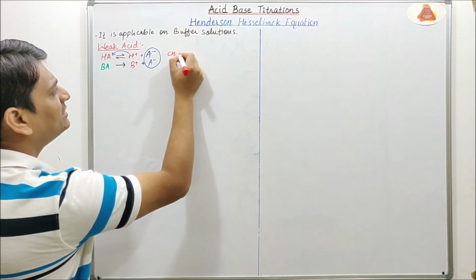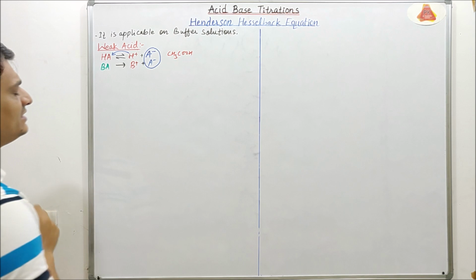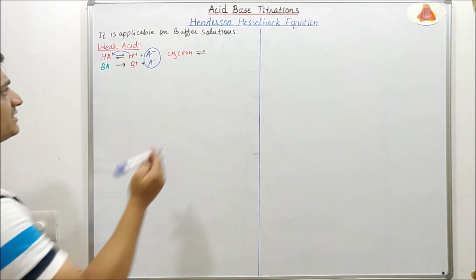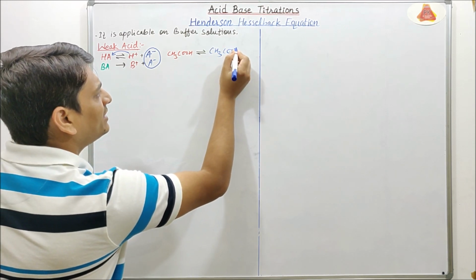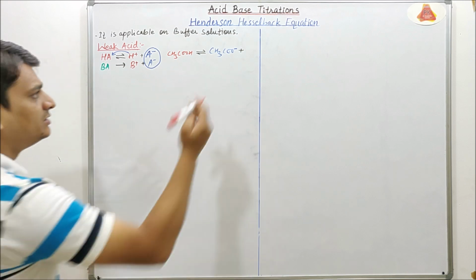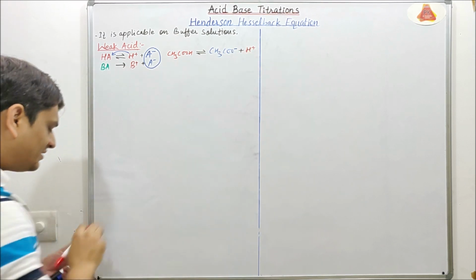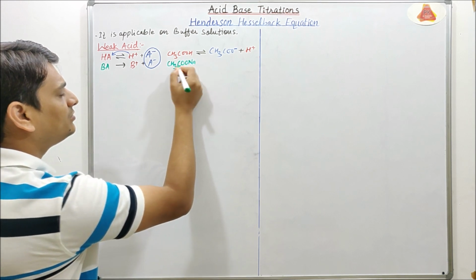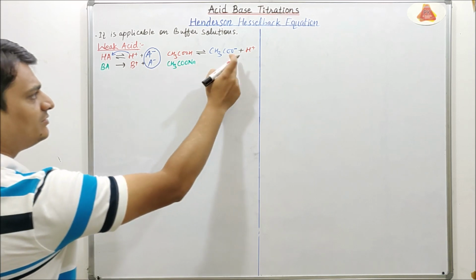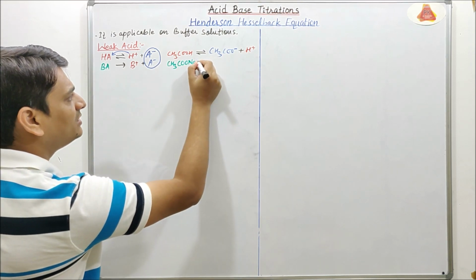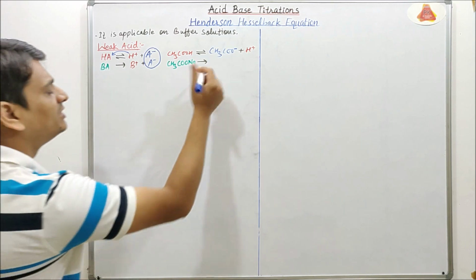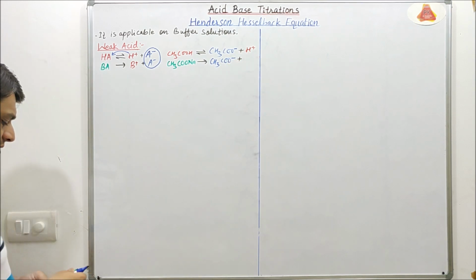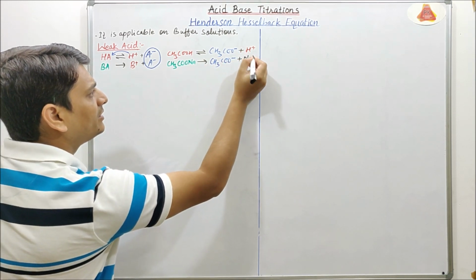Now let's take the example of acetic acid to explain this concept. Here CH3COOH is acetic acid, a weak acid, so it will dissociate in the form of CH3COO minus plus H plus. Now let's take the example of the salt CH3COONa. It has the same ion, CH3COO minus, which will be common. It will dissociate in the form of CH3COO minus plus Na plus.